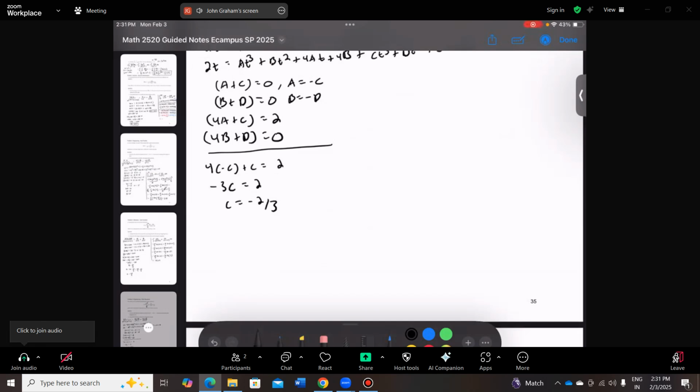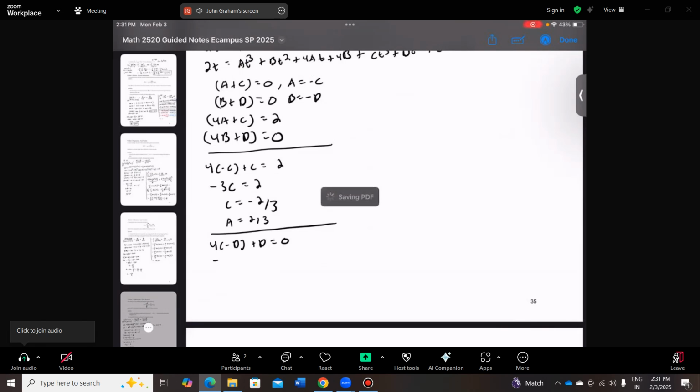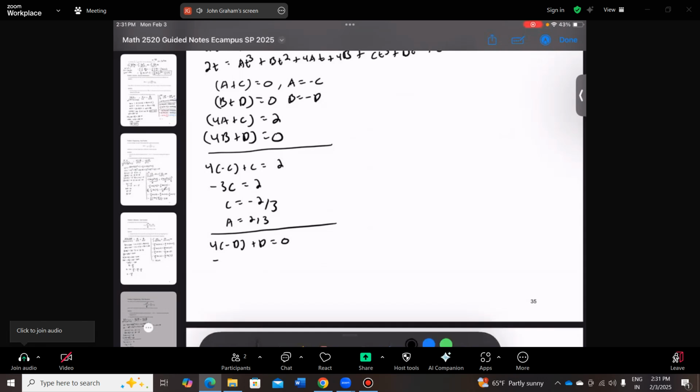And so a equals 2/3. Right, and then 4 times negative d plus d equals 0. So negative 3d equals 0, so d equals 0 and b equals 0. Okay.